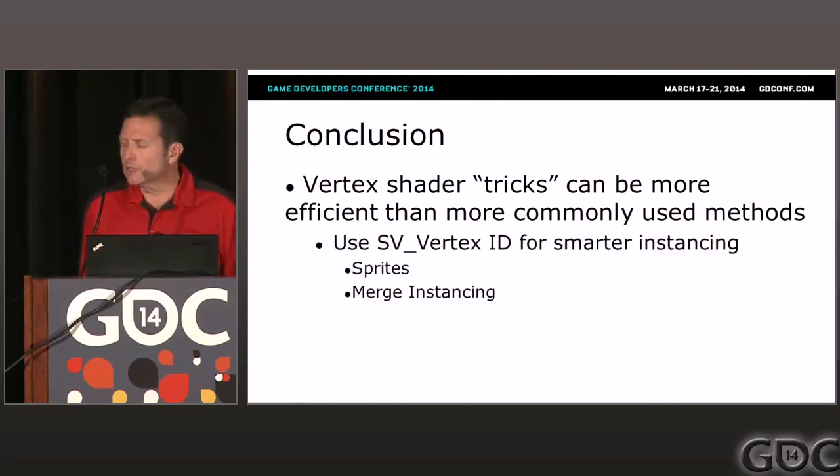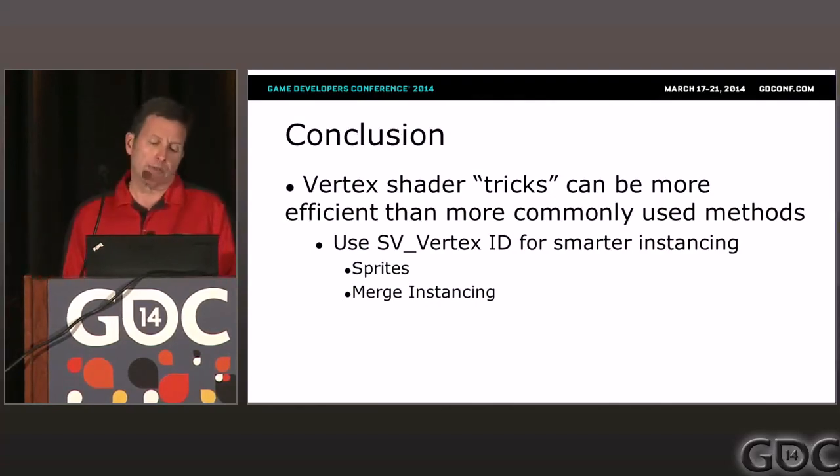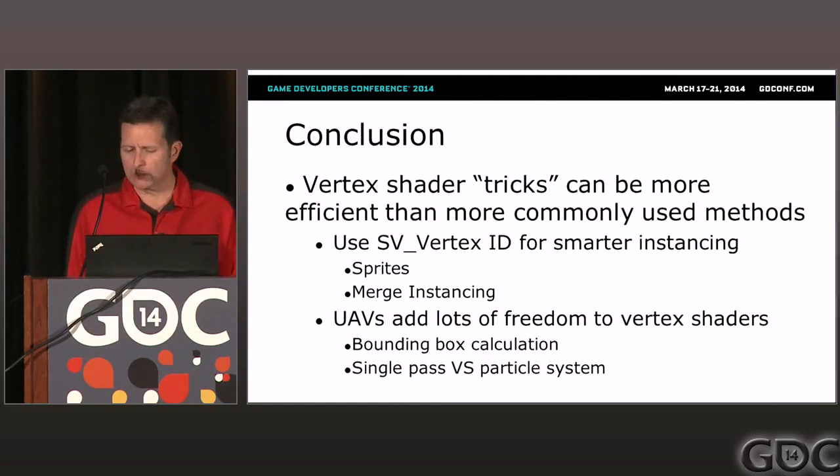You can be sure to use the vertex ID for doing smarter types of instancing, vertex shader instancing, I've been calling it. It can be used for things like doing sprites or this merge instancing where you have multiple meshes. And also UAVs add a lot of freedom to vertex shaders for doing things maybe like bounding box calculations or, as I just mentioned, a single pass particle system.